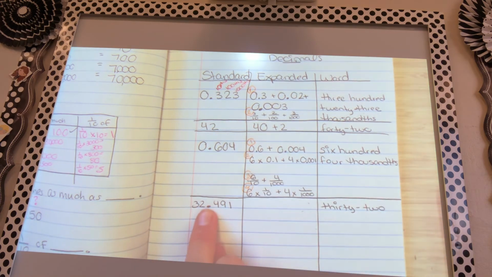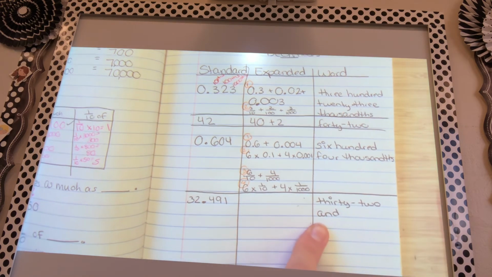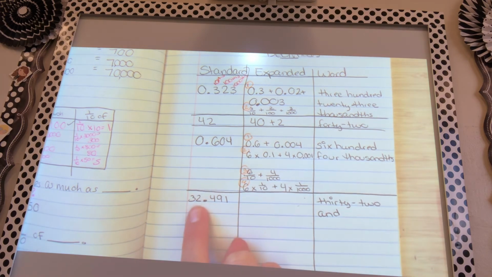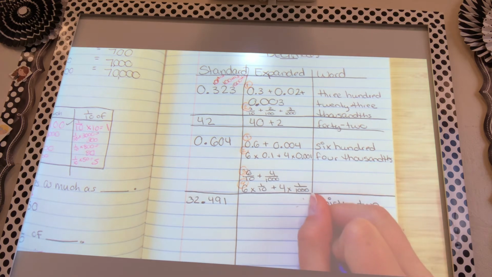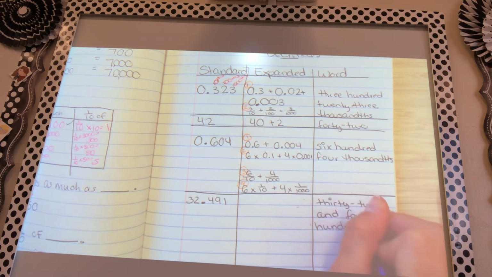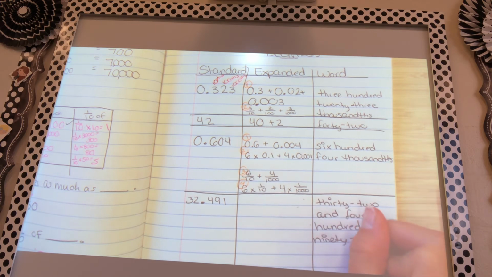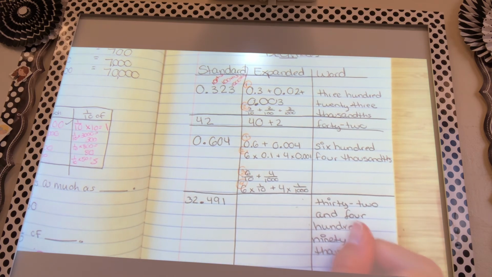The decimal is written as and it's also pronounced as and. So I know when I see and, that means there's a decimal. 32 and 491, and then I write the place value that I end in, thousandths.